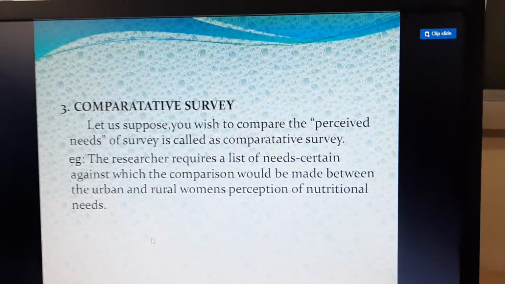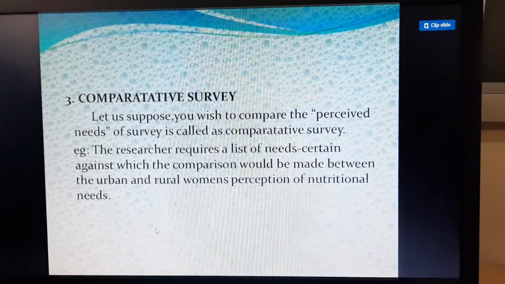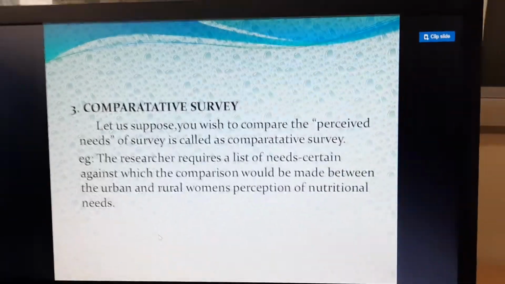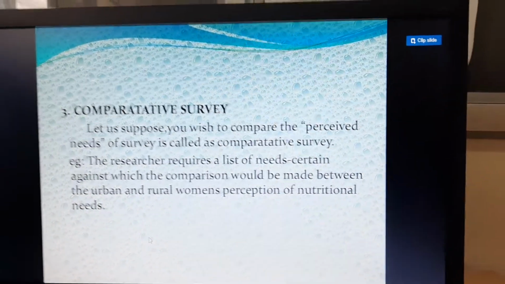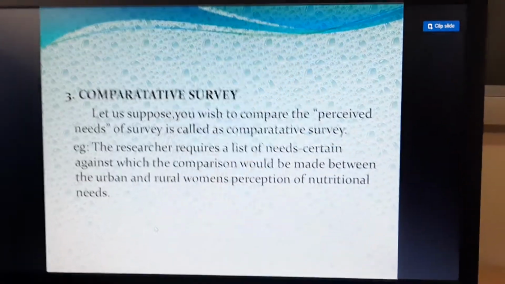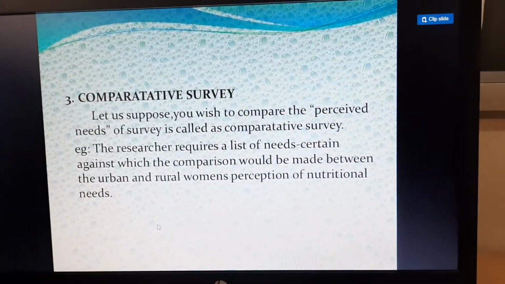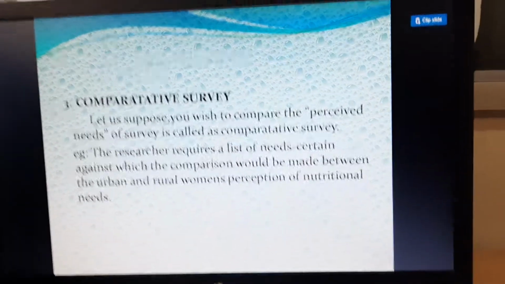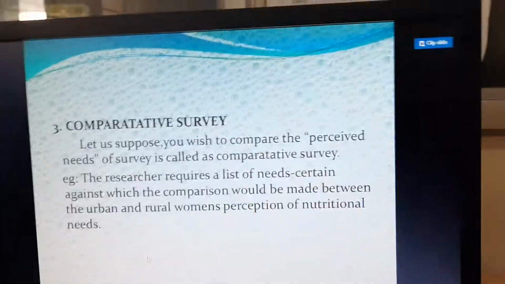But in rural areas, they go to the field and will even eat last night's rice. Here it is not easy. So the nutritional need is different from rural to urban.